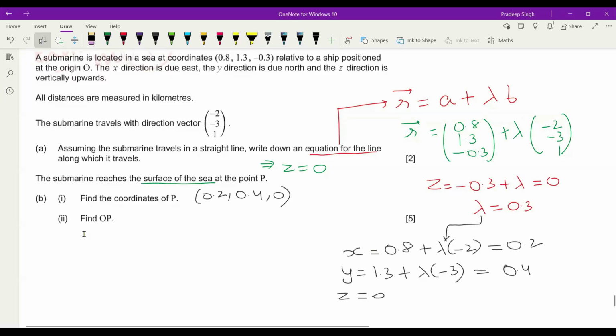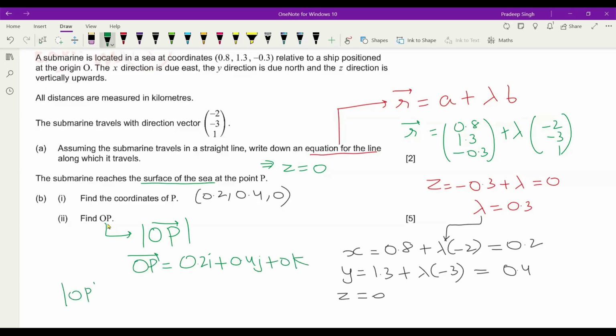B2 part, find OP. OP is the length of the line segment OP, which in this case we will represent as the magnitude or the modulus of vector OP, because that's the definition of magnitude, the length of the line segment. OP vector will be written as 0.2i plus 0.4j plus 0k.